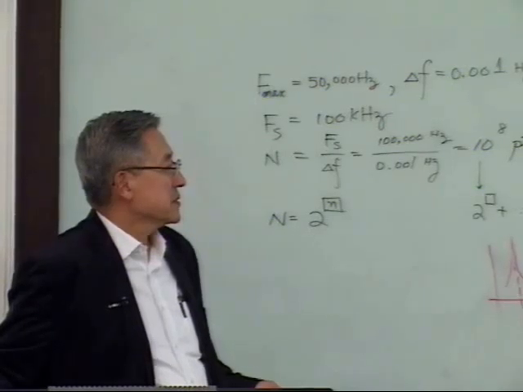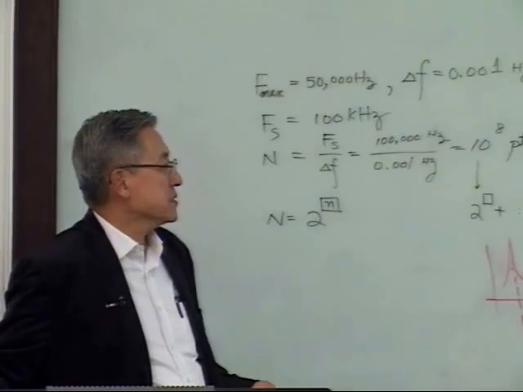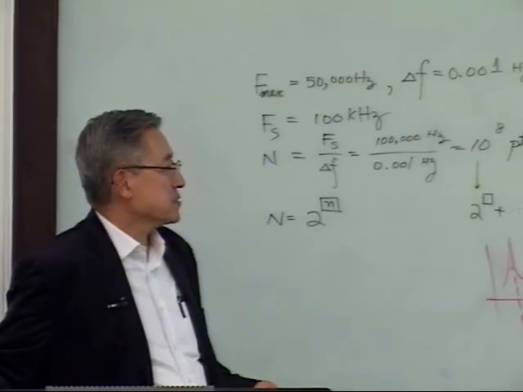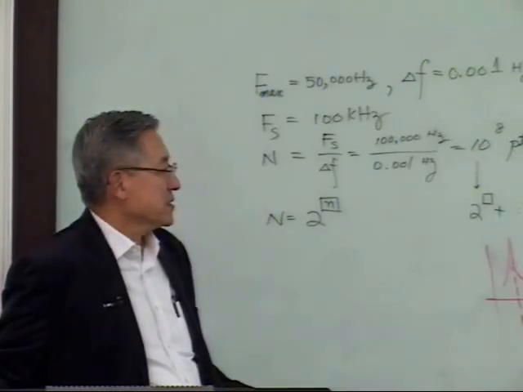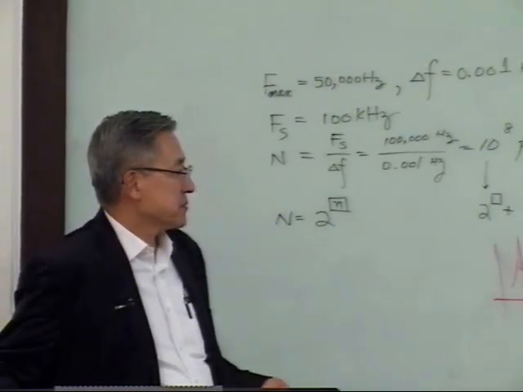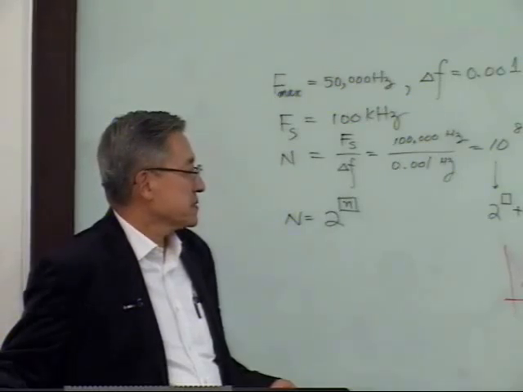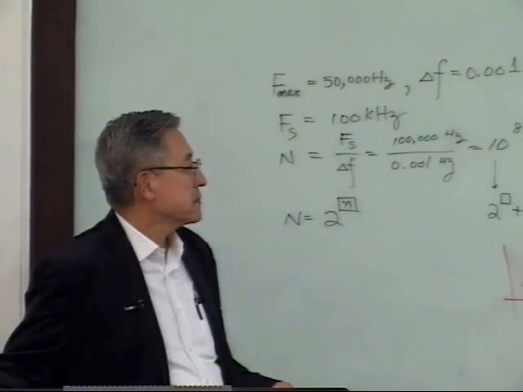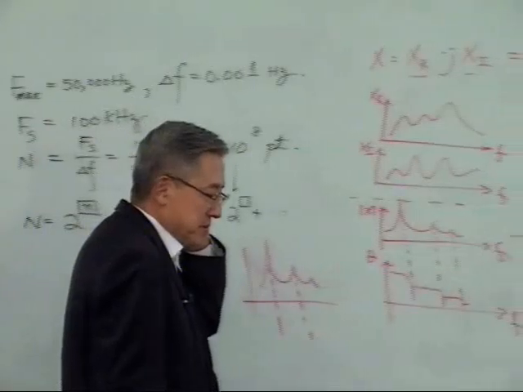So 2 times f max is equal to fs. fs is equal to 1 over delta t. The notation here is based on that booklet, but it's really the same. Delta f is the same.